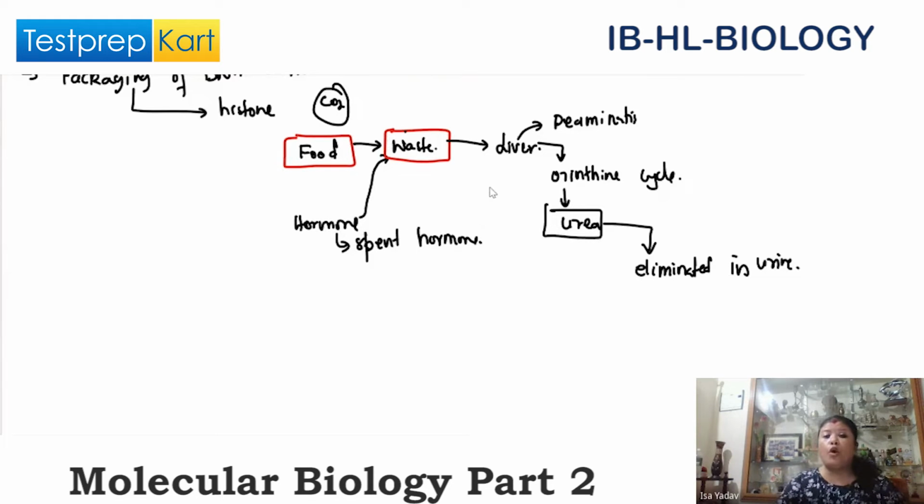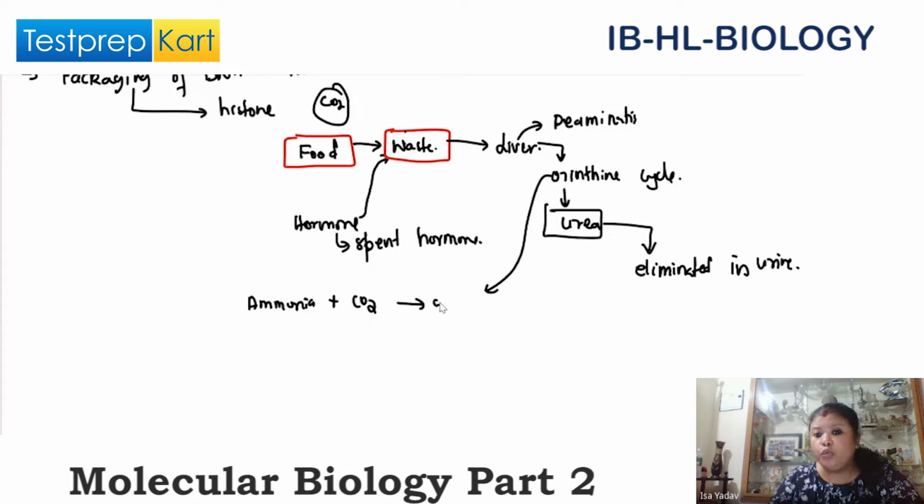So, in our body, because of metabolism, we produce a lot of waste. That waste goes to the liver and then finally it is eliminated along with urine. So we have the ornithine cycle, where ammonia combines with carbon dioxide to form ammonium carbamate.